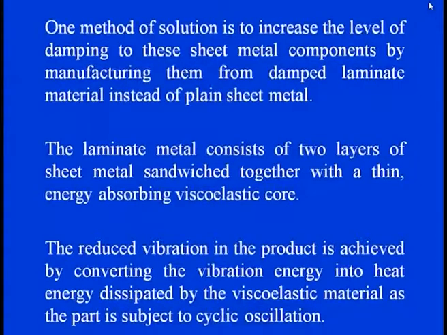The laminated material can have multiple layers, or even 2 layers of sheet metal, sandwiched by a thin energy absorbing viscoelastic material, and through that we can reduce the vibration by converting the vibration energy into heat energy which is dissipated by the viscoelastic material.